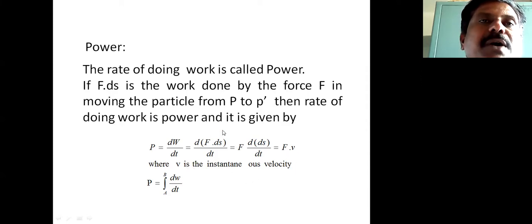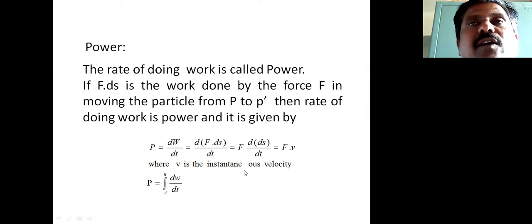Therefore, the total power utilized in moving an object from the point A to B is P equals the integral from A to B of dW divided by dt. Then we get the above one, so the total power is obtained.